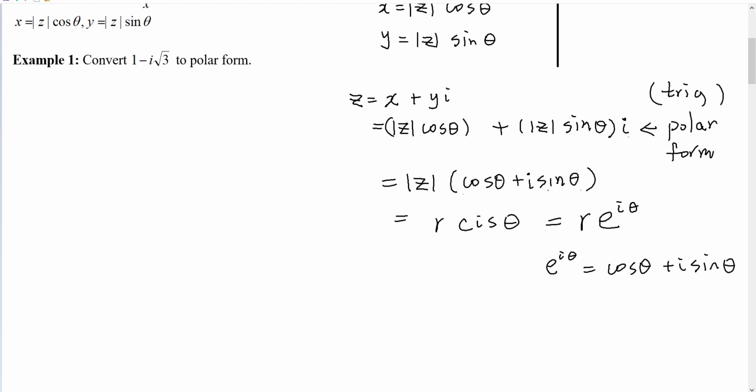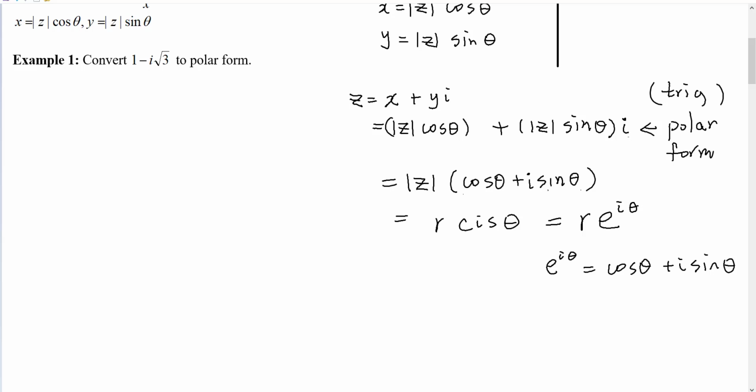If you write the complex number x plus yi, the rectangular form, in trig form, what identifies that complex number is r, the absolute value of the complex number, and theta. Because of that, r times e to the i theta will be the trig form of the complex number.